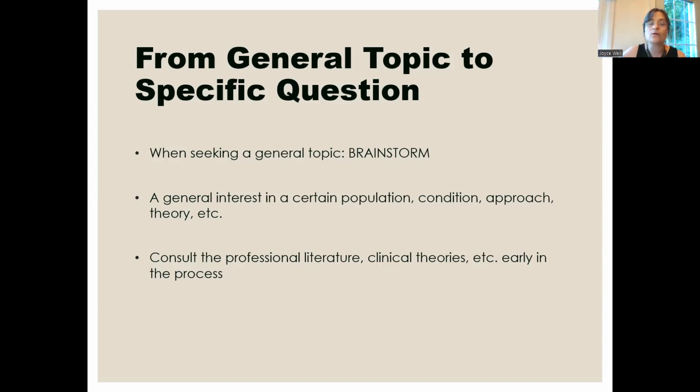You can always reach out to the literature. You can always reach out to theories in your field. So what do they say about this condition or problem? What's the literature telling us, right? When I'm reading the literature, all these studies are doing this, but I'm thinking there's got to be a better way, or I want to test what's happening in the literature. Does it work for groups of people that I work with?